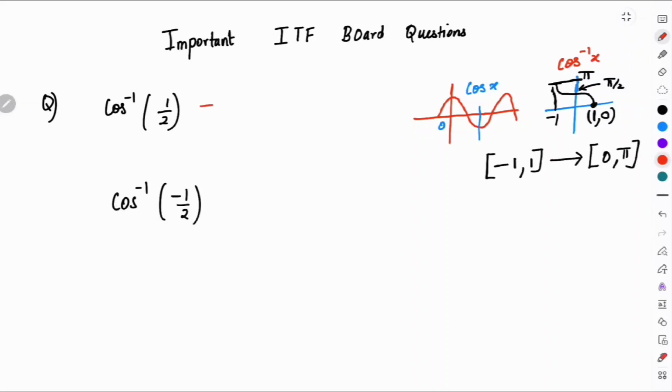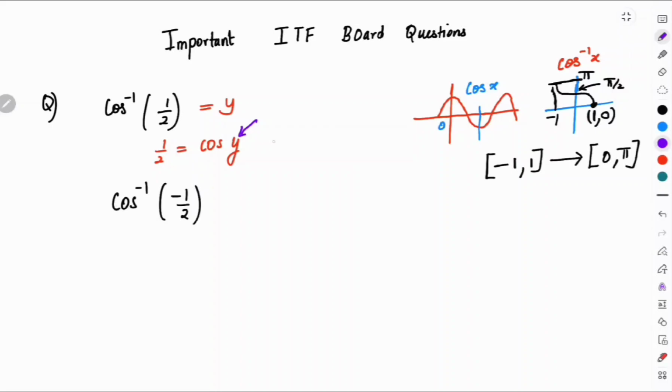Now we'll consider this one as y. So how you can write this is half is equal to cos of y. Some angle is there. So what is this angle you have to find? When you give 0 as an input, you get output as 1, and when you give pi by 2 as an input, you get output as 0.